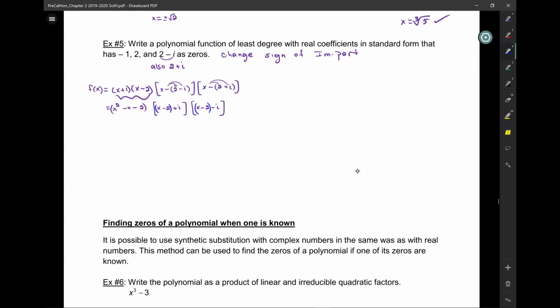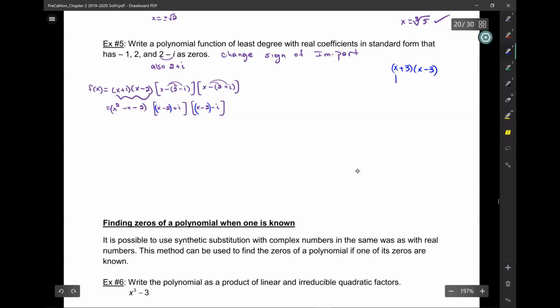But now, look at what happens. Now I have the parentheses plus i, the parentheses minus i. So I have something plus i, something minus i. A plus B, A minus B. They don't cancel, but it's like x plus 3, x minus 3, right?